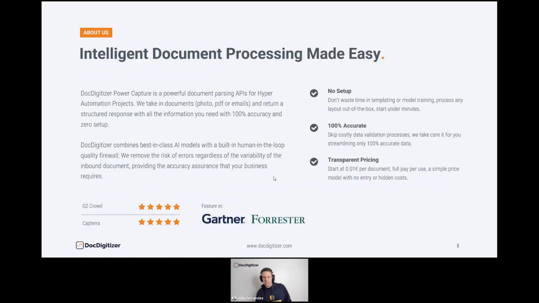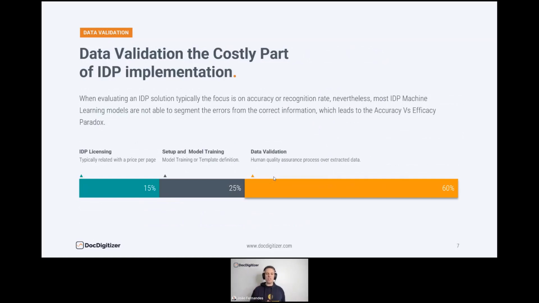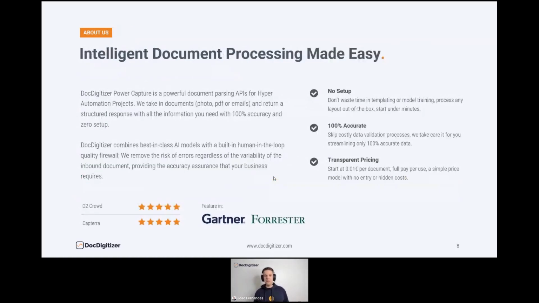So why am I breaking down the costs like this? Because it's important to understand that these cost drivers are related to the handicaps that you find currently in most of the solutions available in the market. Okay, and DocDigitizer was created with the aim of simplifying these complexities, making intelligent document processing easy.